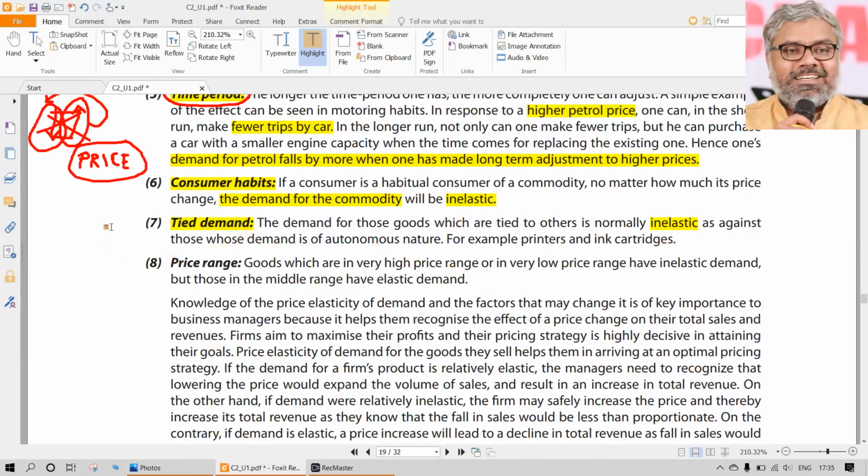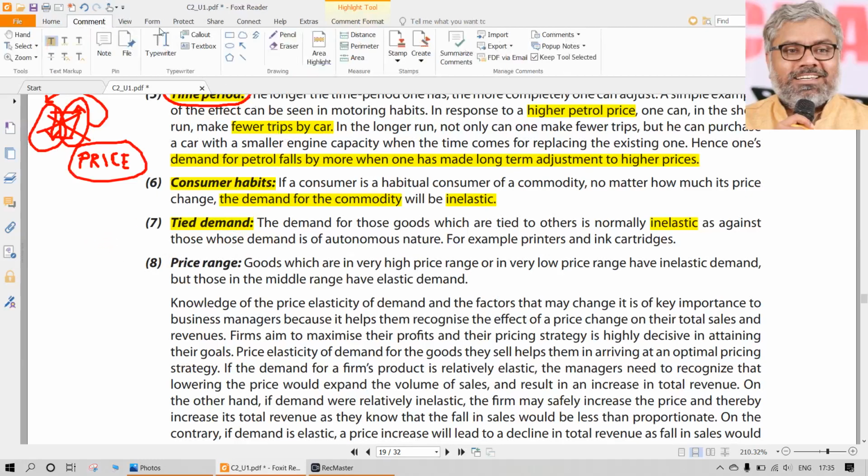Or, just for simple purposes, though we are not using them nowadays, take ink pens, and the demand for ink. The demand for ink will definitely increase when the demand for ink pens increases. And the ink itself is not going to be price elastic. If ink is becoming expensive, people are not going to consume less of that. If ink is becoming very cheaply available, people are not going to buy more of that if they are not interested in ink pens.